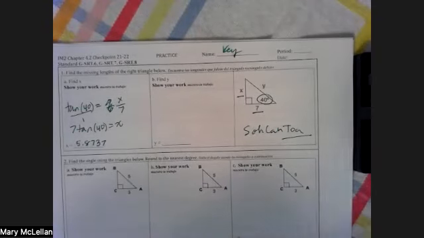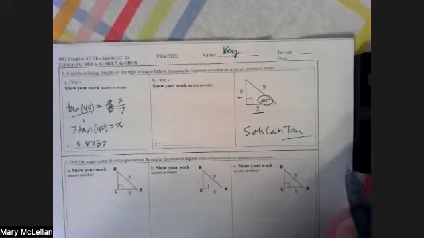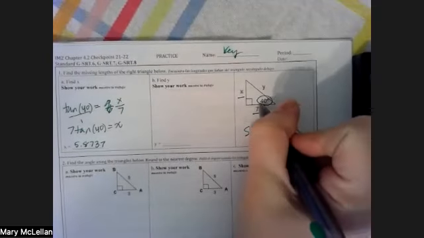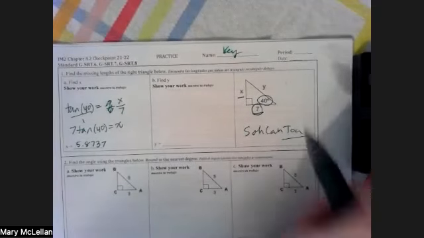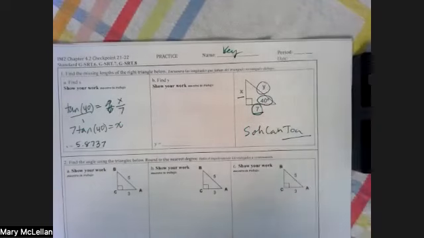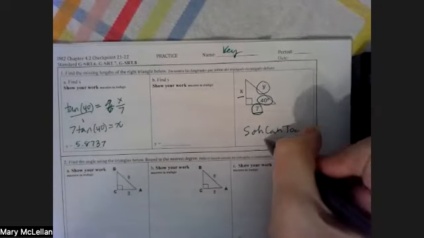Okay, now we're going to find y. Now for y, I'll use my adjacent side and my hypotenuse. When I'm using adjacent and hypotenuse, that's cosine. So cosine of my 40-degree angle should be equal to the ratio of 7 over y.